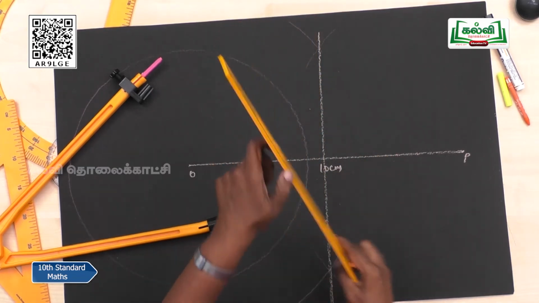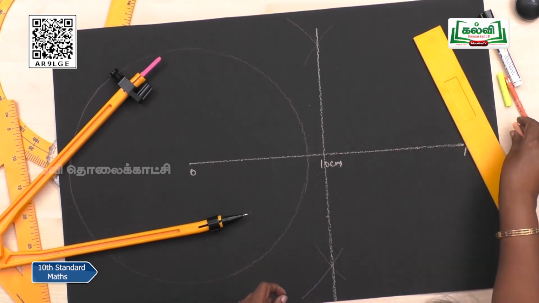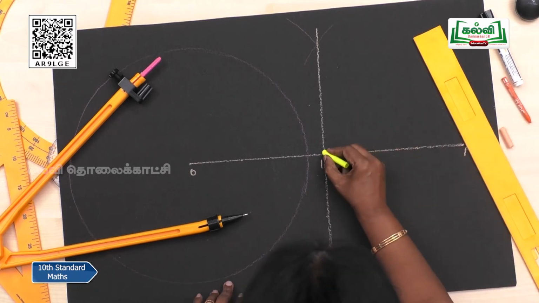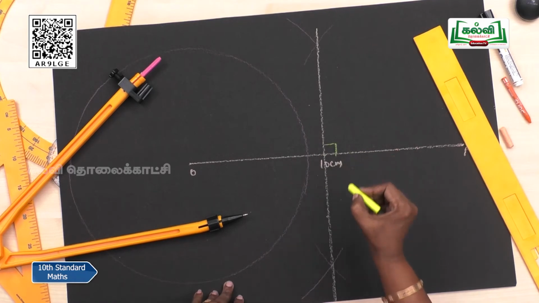Why we have this line is, you have to construct one more circle with this as a center. So, now you mark this one, and this is a perpendicular bisector, no? So, you can mark it 90 degree also.